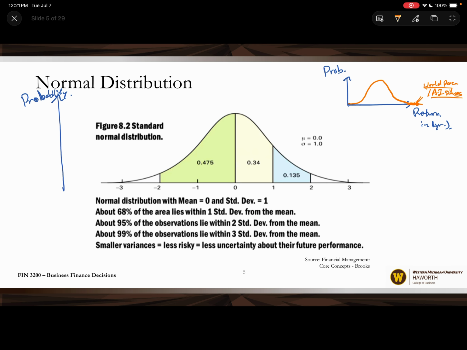That's why the return is very large, let's say a 300% return, but the likelihood of that happening is very, very low, maybe less than 0.01%. Also, another pandemic happening and ruining everything, or a world war where the stock price drops by like 80%, is possible but highly unlikely. That probability is also very, very low.